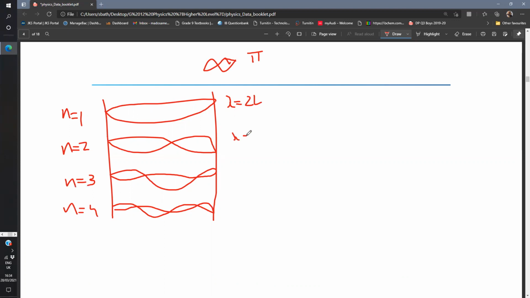So here it's equal to 2L over 2, 2L over 3 and 2L over 4. So here it's just equal to 2L. Here it's equal to L. And here it's equal to 2L over 3. And here it is equal to L over 2.